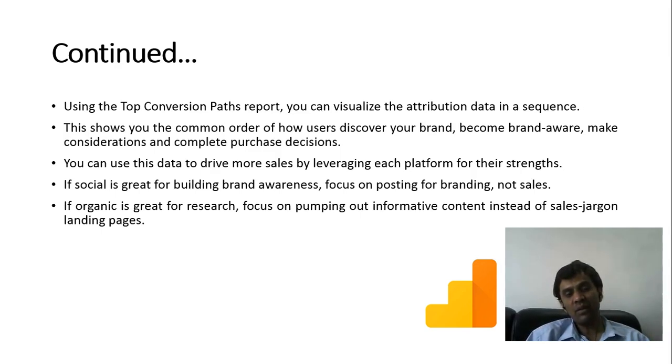If social is great for building brand awareness, focus on posting for branding, not sales. If organic is great for research, focus on putting out informative content instead of sales jargon landing pages.